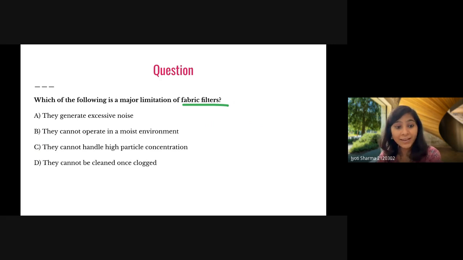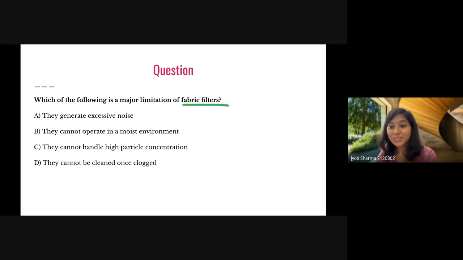They cannot handle high particle concentration? No, they can handle high particle concentration, because as I told you, we are installing thousands of such bag filters made up of fabric. So they can have a very high load. So C is not the major limitation.